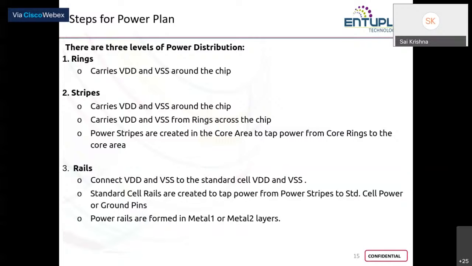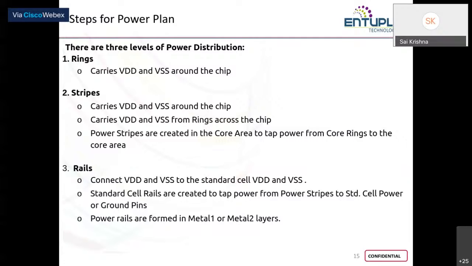So you create your ring and strips with the top metal layers, and on the other hand, your standard cells are initially created from your full custom IC design flow. If you recollect, yesterday we drew the rails from metal 1.